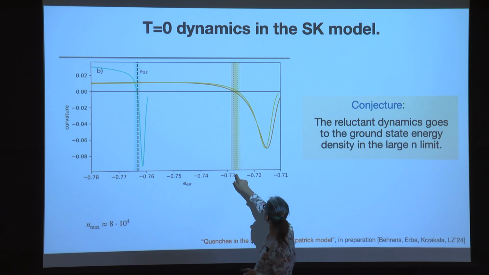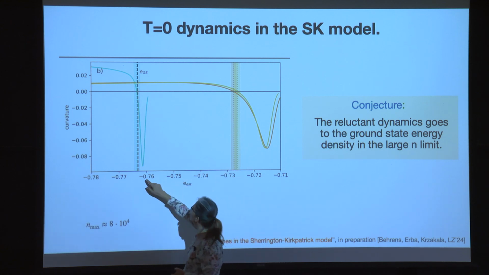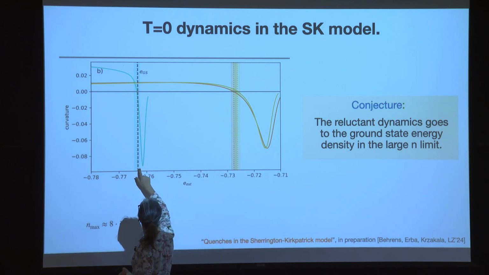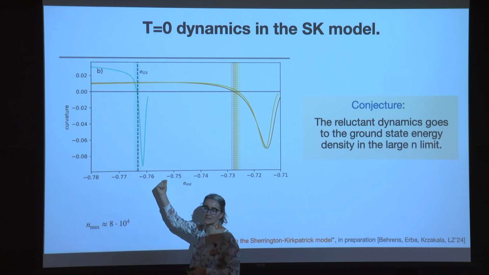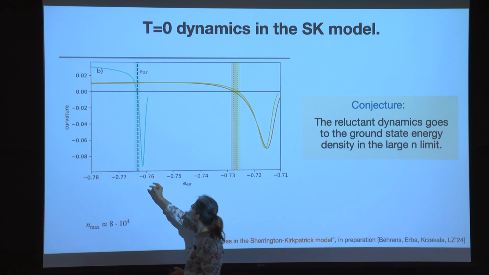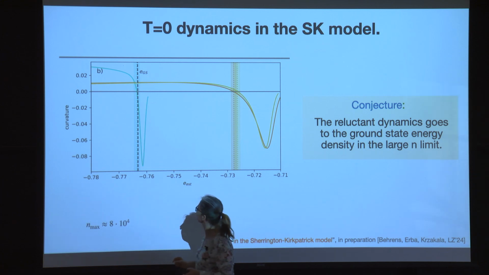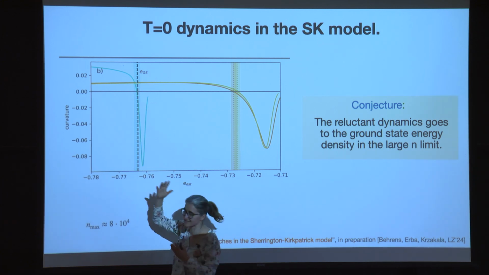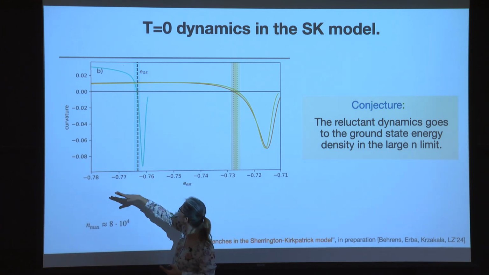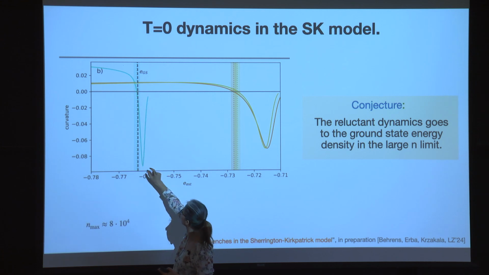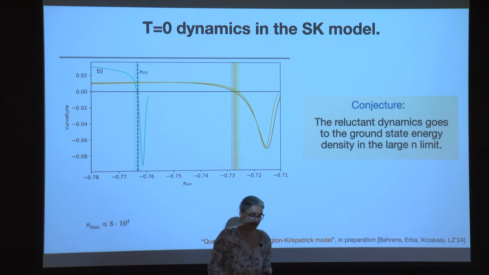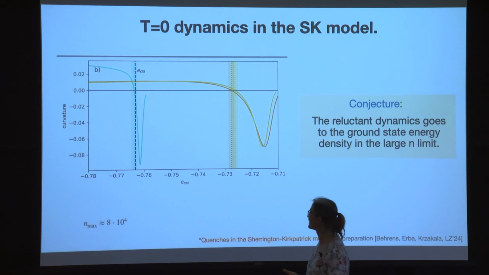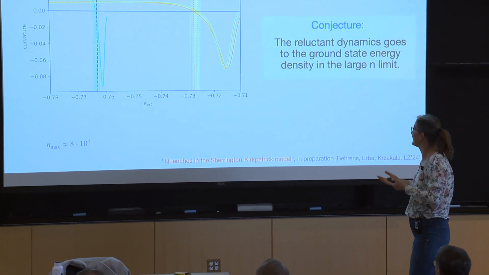So for the random and greedy, we are somewhere at minus 0.728, something like that. But for the reluctant, the black line is the ground state, and the band is our confidence on this numerical estimation. So you see that we are extremely close to the ground state, and it even looks like below, but if we go to bigger size, we check that this will go in the right direction. So this is very consistent with going to the ground state.